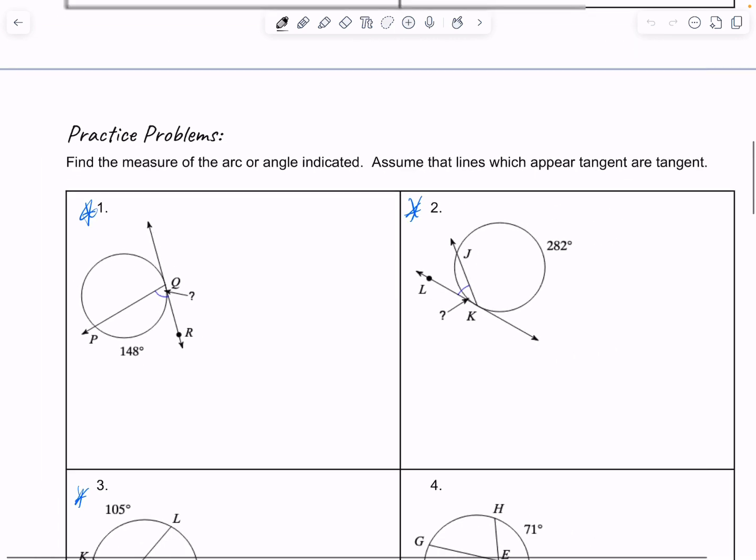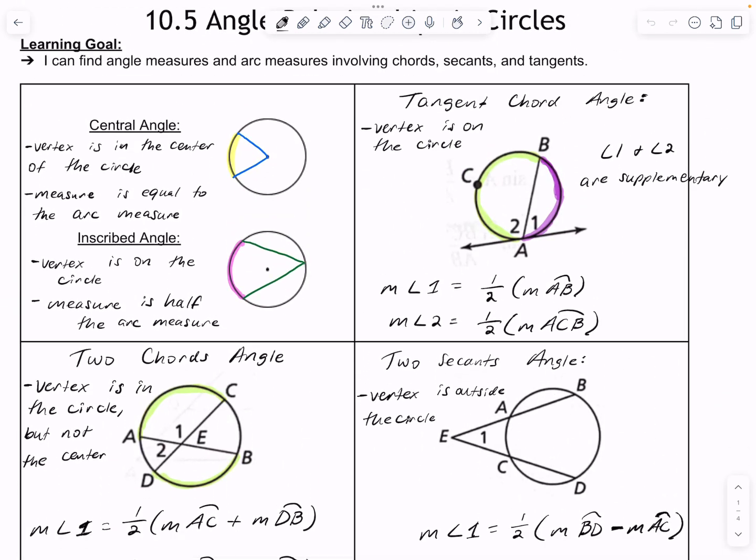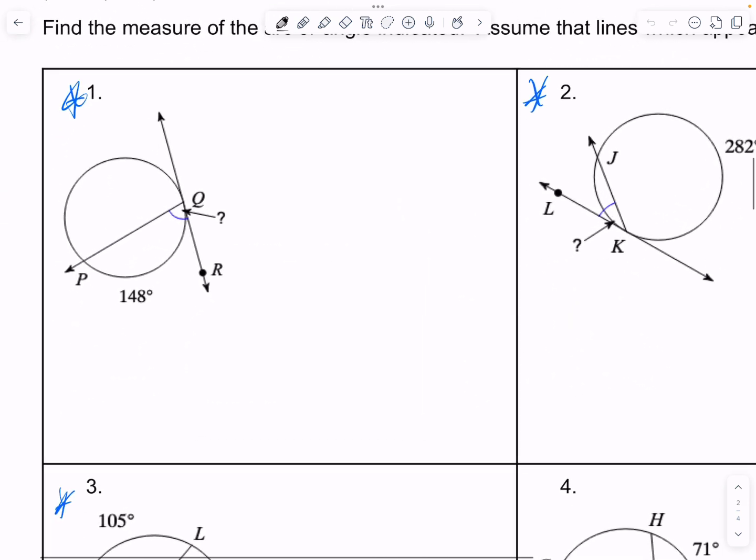If you go back up to the tangent chord angle box in the top right, you'll see that the measure of angle 1 is equal to half the measure of that arc AB. So in this case, if I'm trying to find angle PQR, it's going to be equal to half the measure of this arc PQ, which is given to us.